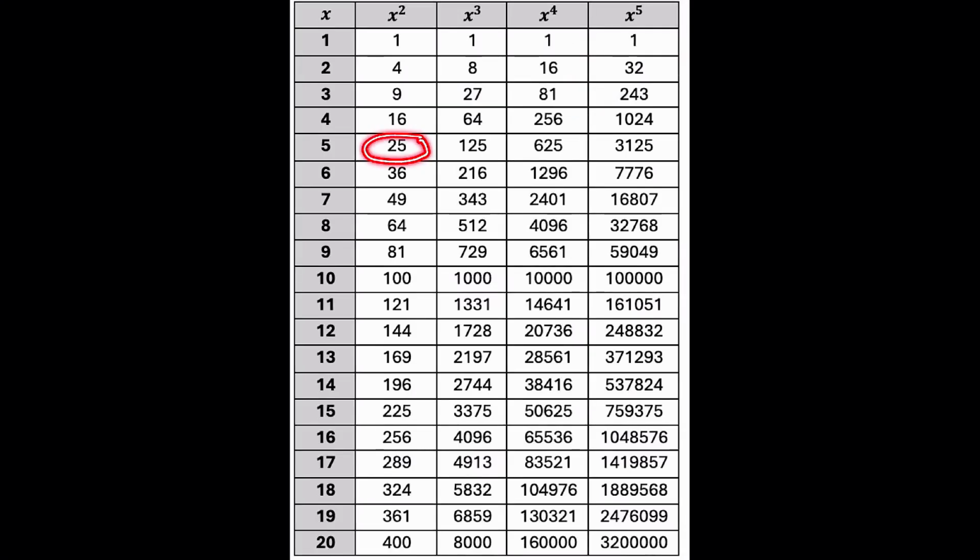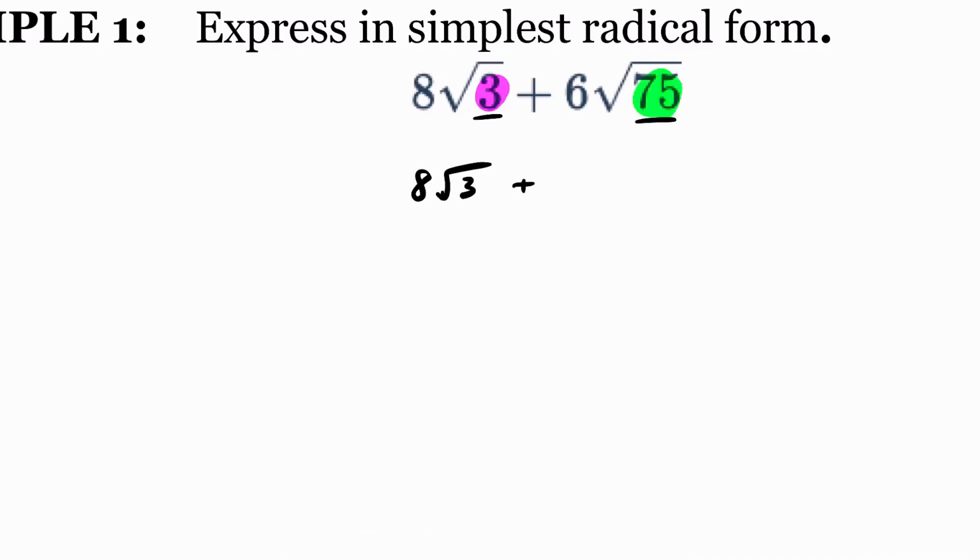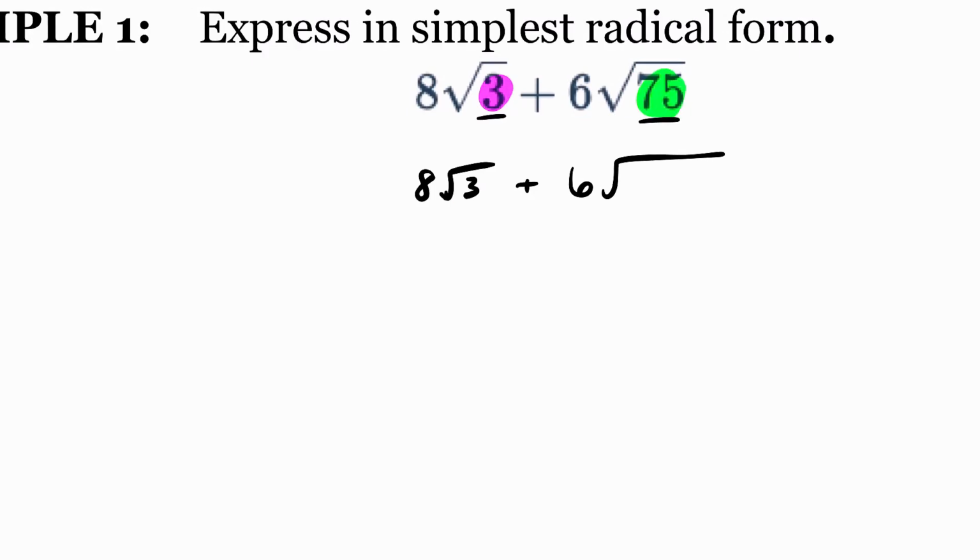25 is the biggest number that goes into 75 evenly. 36 doesn't, 49 doesn't, 64 doesn't, 81 is too big. Okay, so what I'm going to do is change the way it's written. Instead of 75, I'm going to put 25 times 3, because 25 goes into 75 3 times.